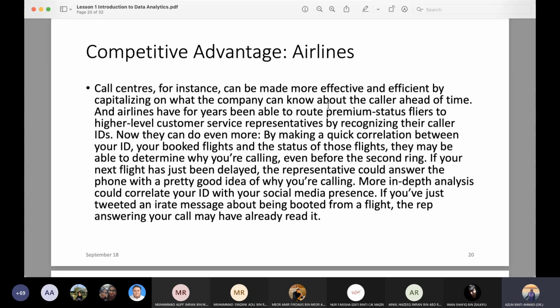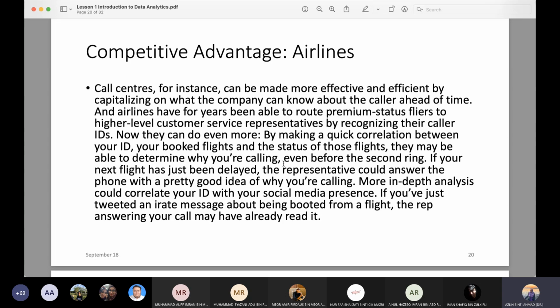So basically, if we call the call center, they will ask for your ID, and then based on the ID dia akan track satu. Sometimes lambat kan.